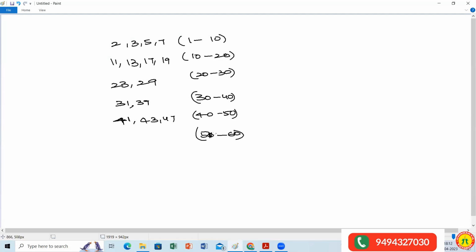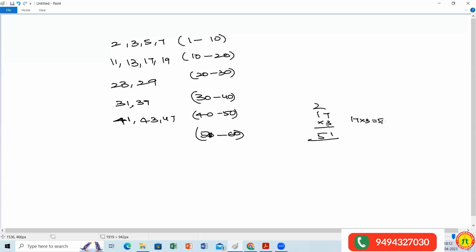51 to 60. 51. Yes, Noor said 51. Sorry, Noor. 51 comes in which table? Please check with the 17 table. So 17 times 3 is 51.